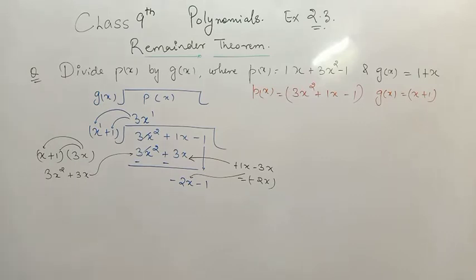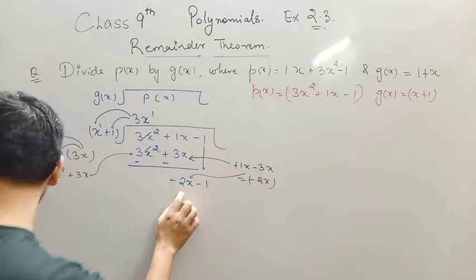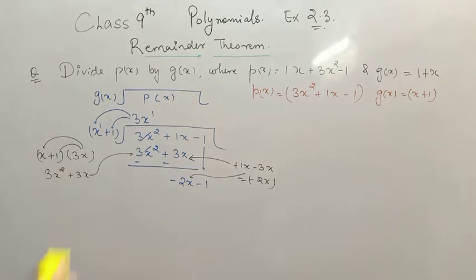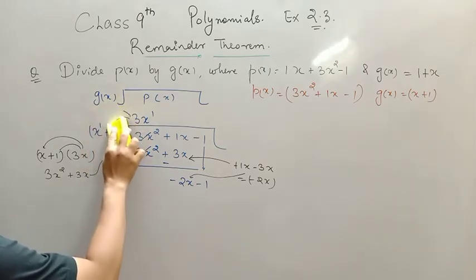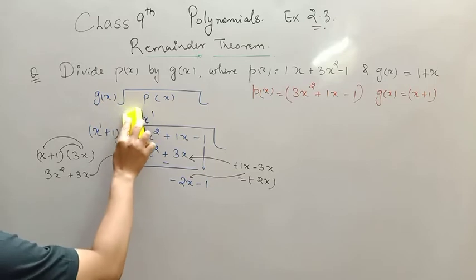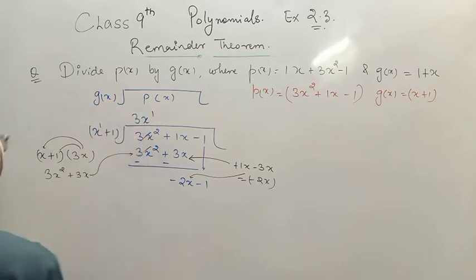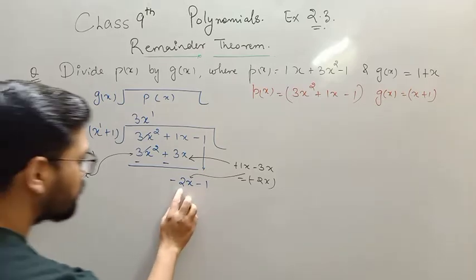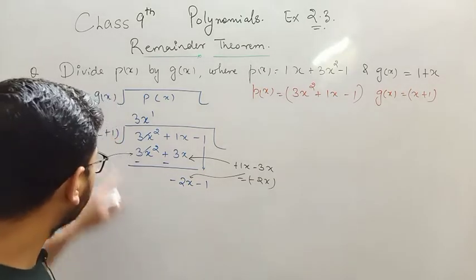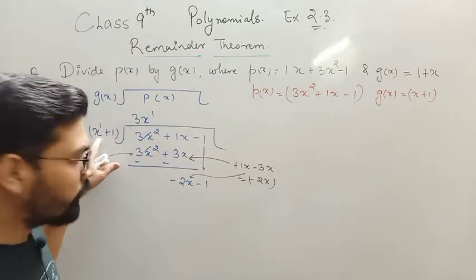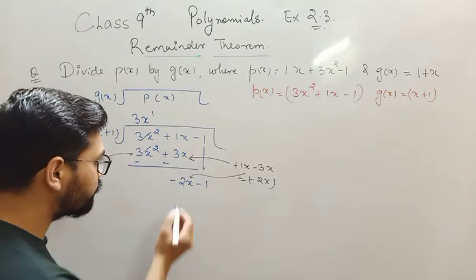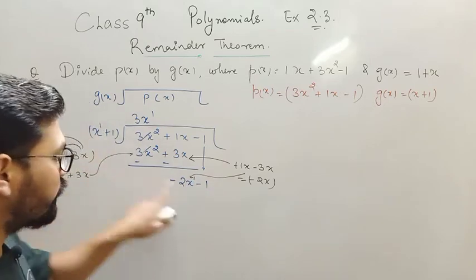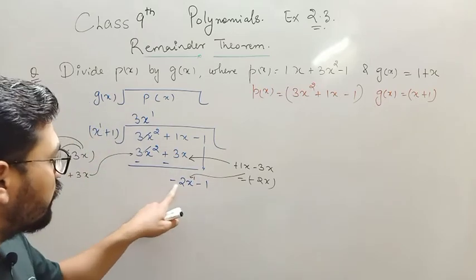Now see, what you want to get here is minus 2x, but here only x is given. x to the power 1, x to the power 1, no problem.